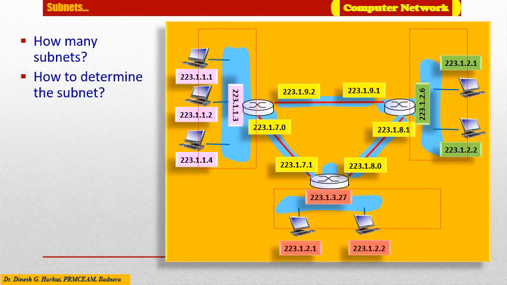Three subnets, specifically 223.1.1.0/24, 223.1.2.0/24, and 223.1.3.0/24 are present, which we already discussed. But note that there are three additional subnets present here.